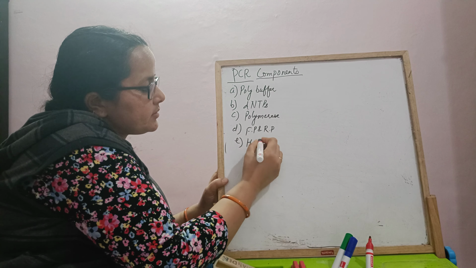Potassium chloride will enhance the binding of primers to the template, and ammonium sulfate will prevent the binding of primer to non-specific sites.